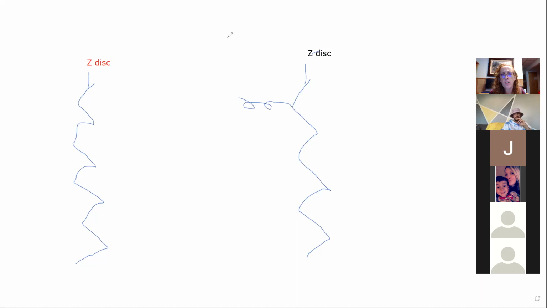Actually, let's do it a different way. Go out like this and come out like this. Okay. Those are our thin filaments, and they're actually double coiled. So they're going to look like this.